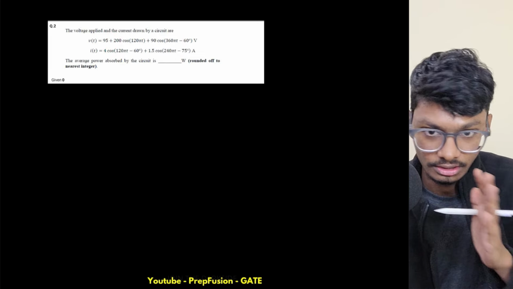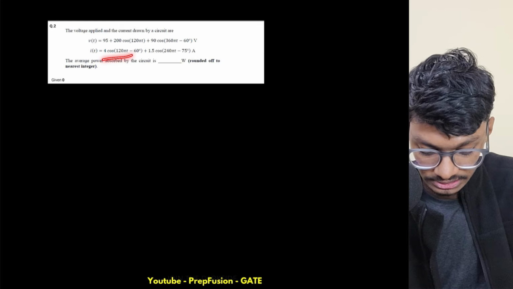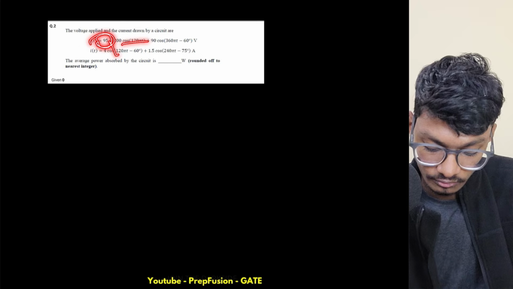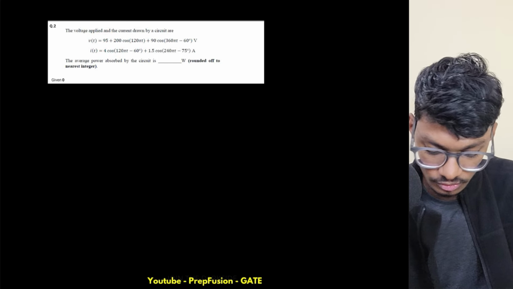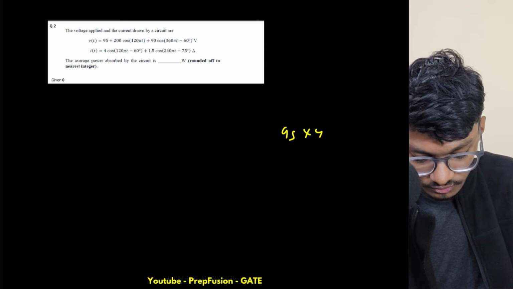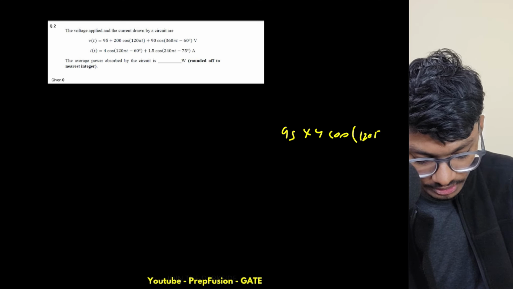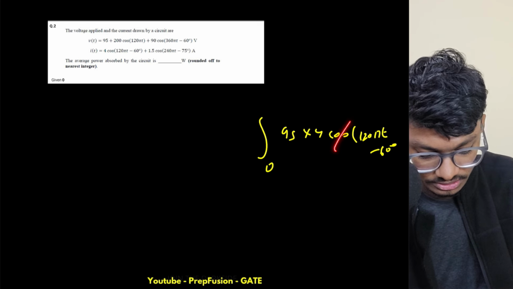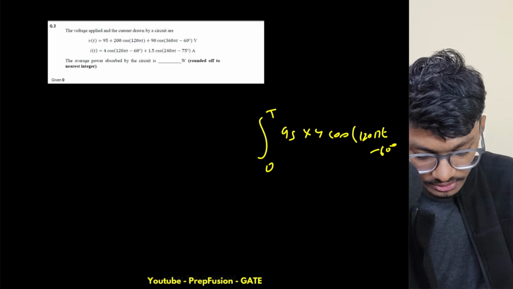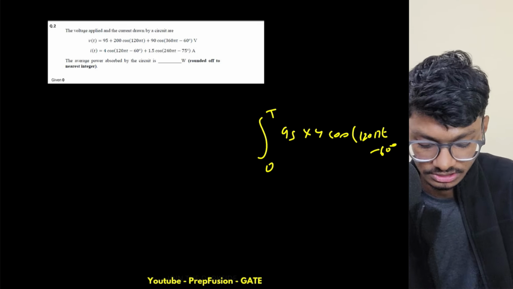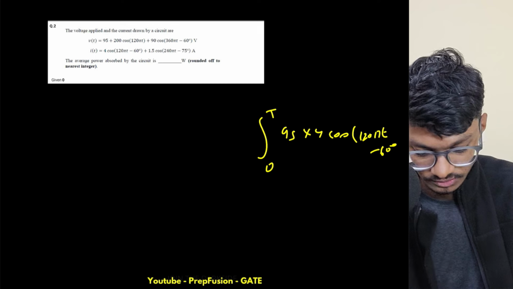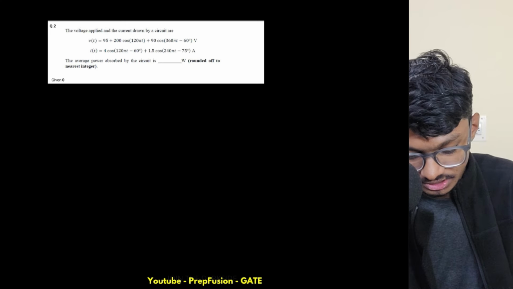So this is zero frequency, and it is orthogonal with all of these signals. If you integrate 95 times 4 cos(120 pi t minus 60) over a time period, 0 to T, you will see the area is 0 because it is simply a cos function, and its area over a time period is 0. So this will always give me 0 area.